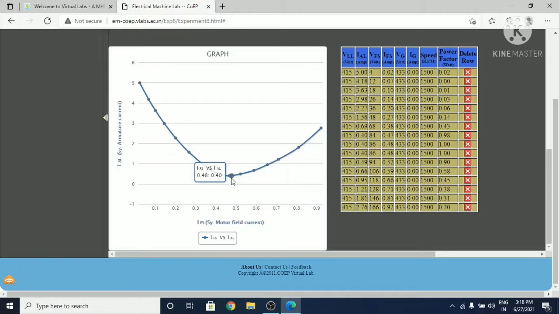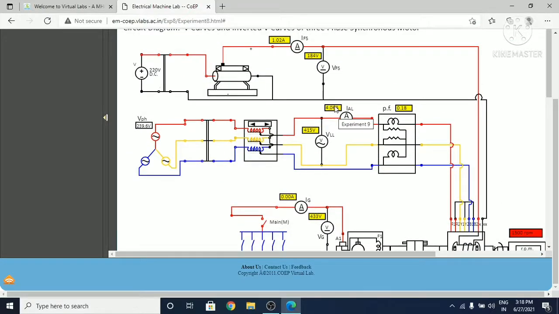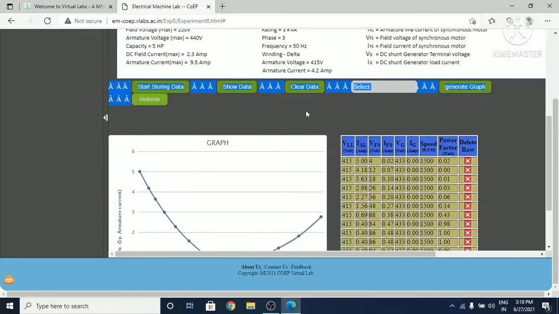At unity power factor, the corresponding armature current is minimum, and beyond this value the armature current increases up to the rated current. Here we are obtaining only up to the rated current, because the given current is 4.2 ampere, so I am just stopping here.